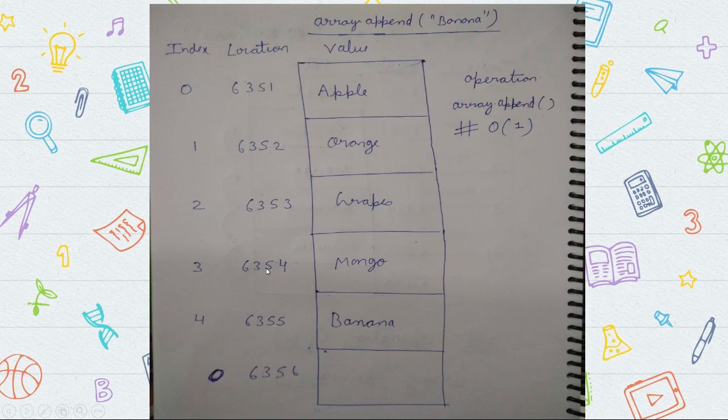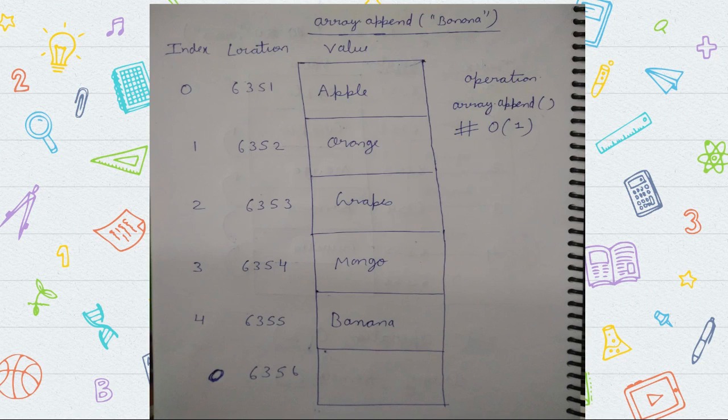Initially, when we didn't execute this command, the data was stored up to mango, and 6355 was empty, with no fourth index. So what the append method does is just add banana at the consecutive empty location, after the mango, that is, at the last index.